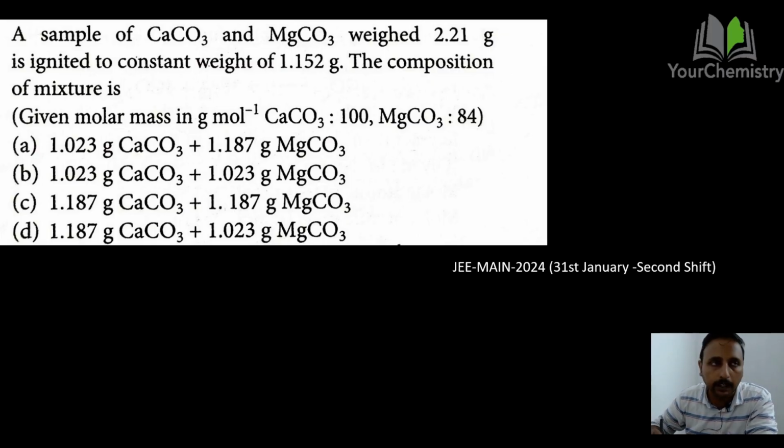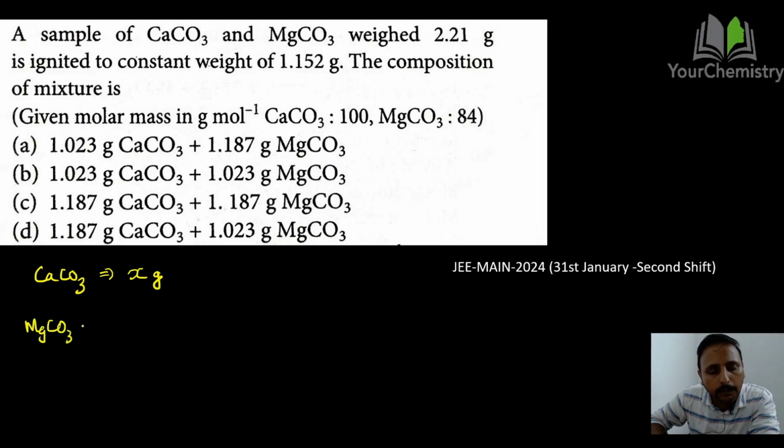If you take 18 grams of H2O, 2 grams is hydrogen and 16 grams is oxygen. In the same way, in the sample let's take calcium carbonate as x gram and magnesium carbonate as y gram.